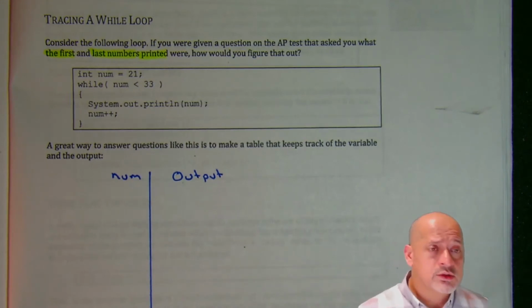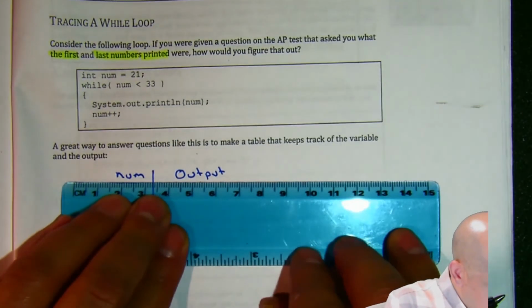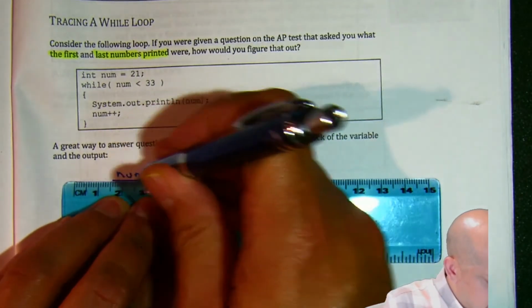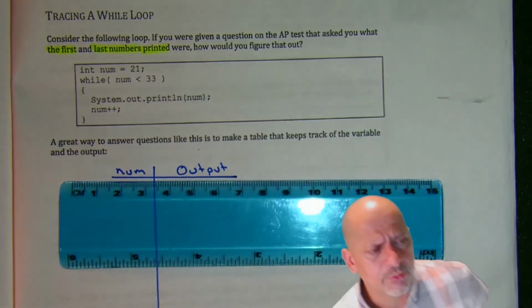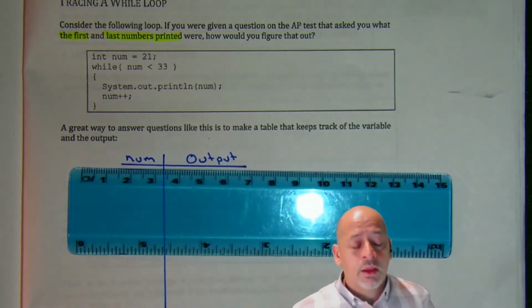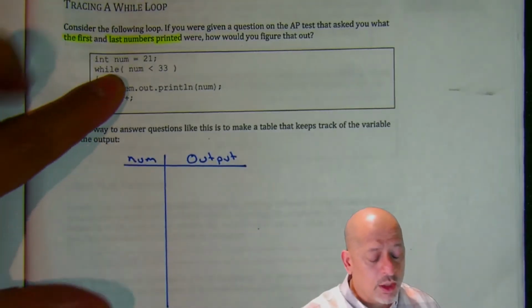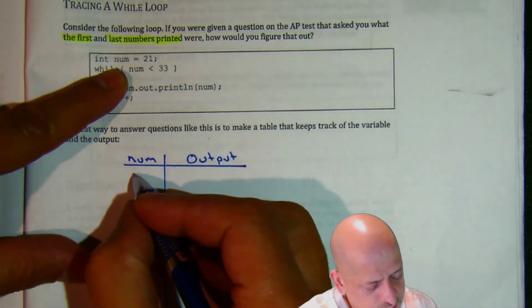And now let's go and start tracing the code. Let me place a quick T-chart. I know that this is bringing back memories of truth tables, but this is much easier. Now we are going to initialize our variable num to 21, so that'll be the first number.